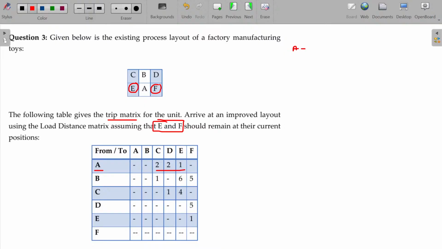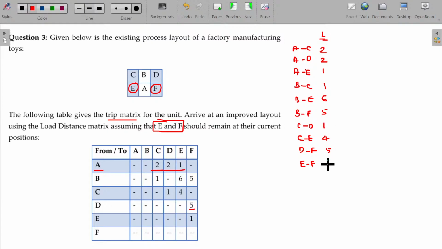A to C, A to D, A to E, then B to C, B to E, B to F, and C to D, C to E, D to F, E to F. Now, what about the load here? Load 2, 2, 1, 1, 6, 5, 1, 4, 5, 1.